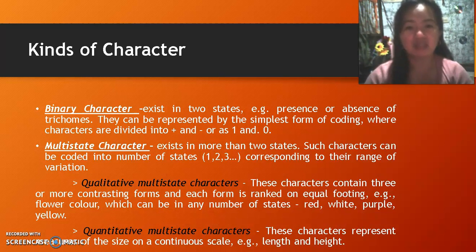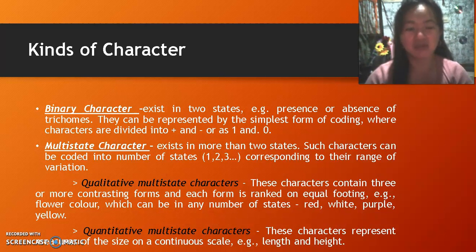Now, there are categories of multi-state character. These are the qualitative multi-state characters and the quantitative multi-state characters. First is qualitative, also known as discrete multi-state characters.